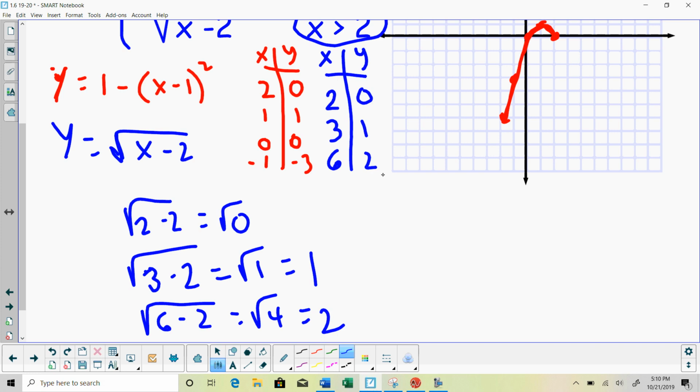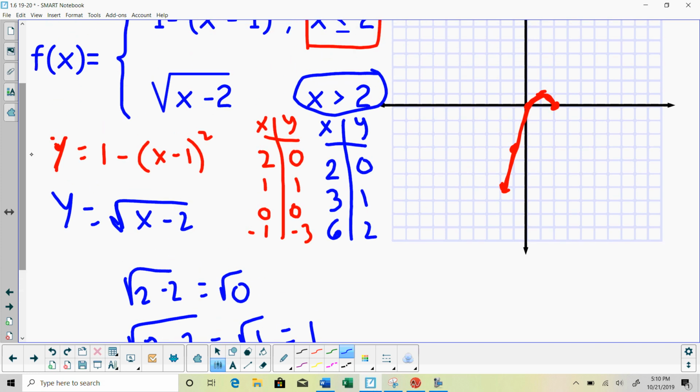So now I'm going to plot these points starting with 2, 0, which is actually the hole in the graph. But look, that hole in the graph is actually going to be right over the point. And if there's a point and a hole at the same place, well, then the point wins. So this should just be filled in here.